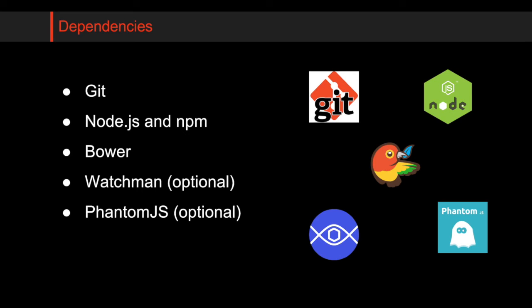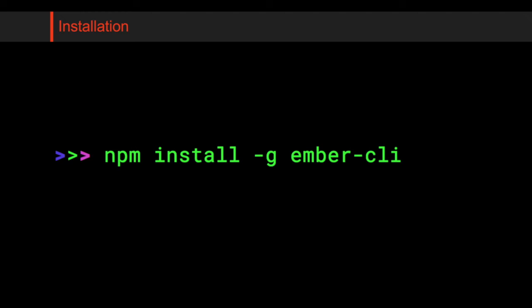Ember runs on Node.js. Bower, Watchman, and PhantomJS are optional. To install Ember globally, we use the command npm install -g ember-cli.